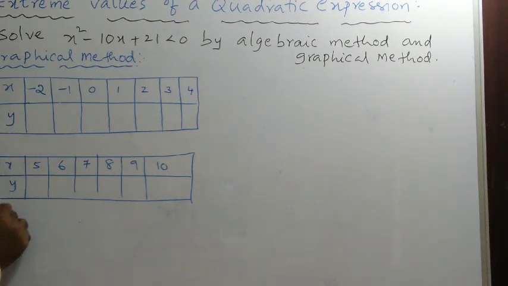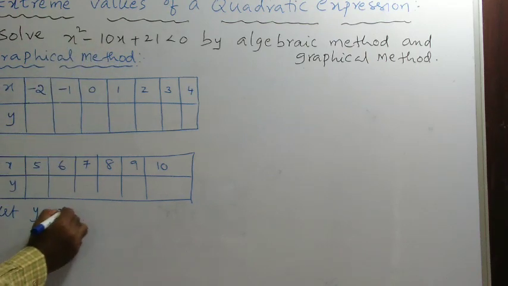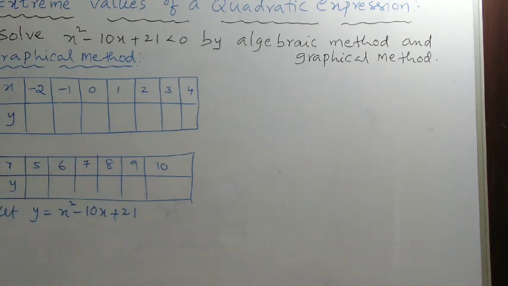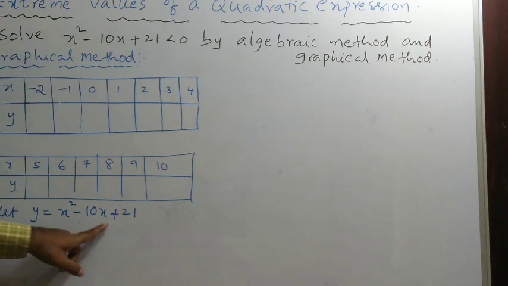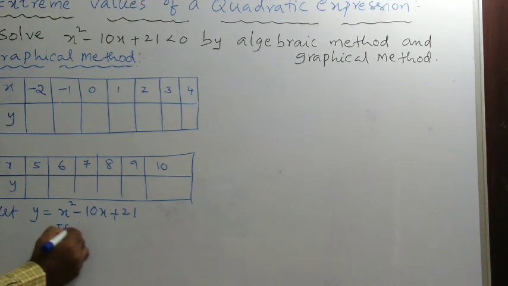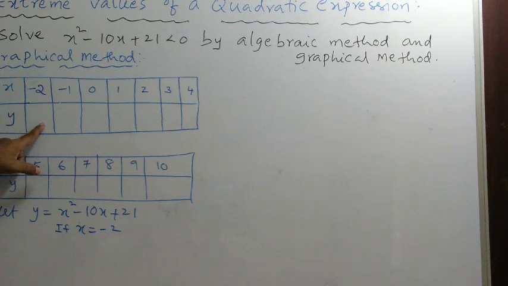First of all, the given expression you can consider as y. That is, y equals x square minus 10x plus 21. Just consider the given expression or equation, whatever it may be, as y. Now we need to substitute these x values. If x equals minus 2, I want to know the value of y.